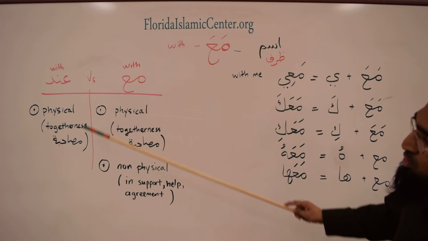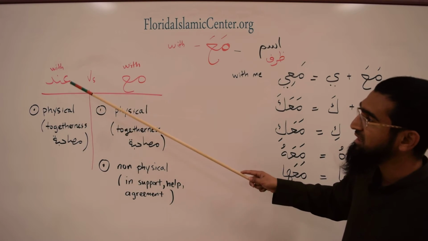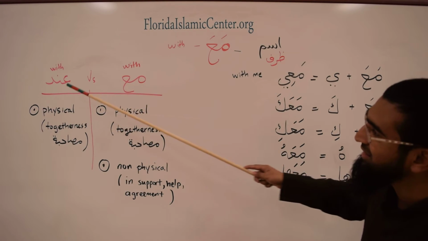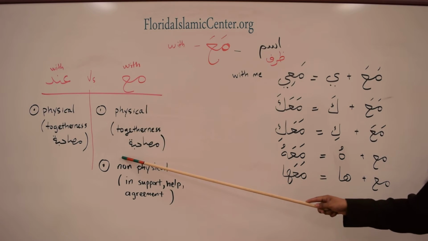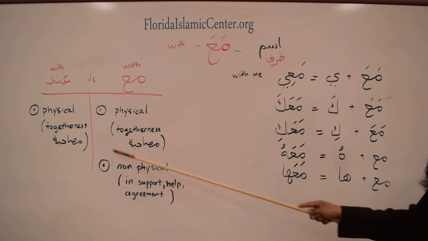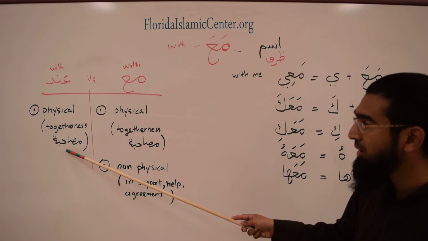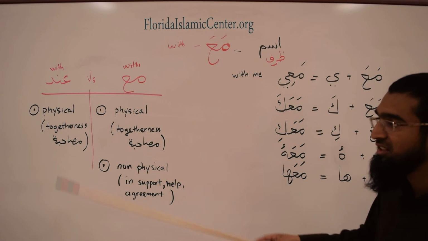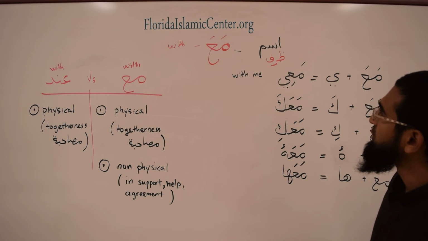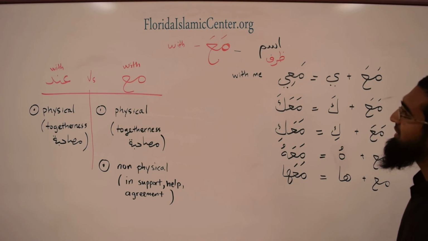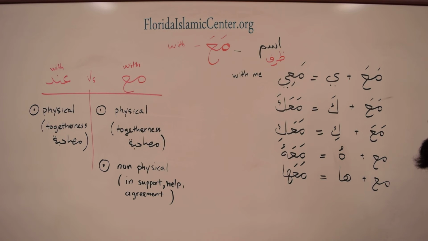But I want you to grasp that there's a difference between ma'a and inda: ma'a may mean non-physical, whereas inda means physical togetherness, musahaba in Arabic. So that is the explanation of ma'a, and you use it just like inda in terms of the i'rab. There's a mudaf and a mudafun ilayhi after it.